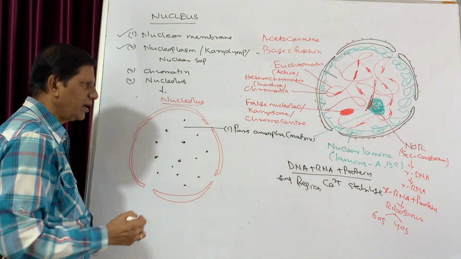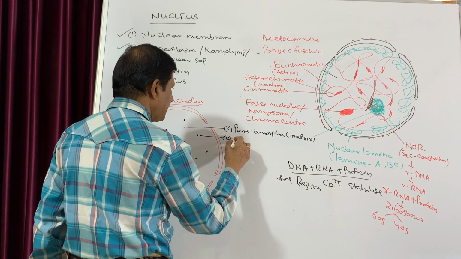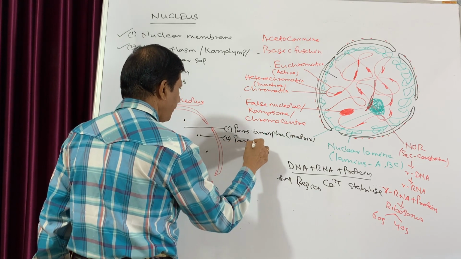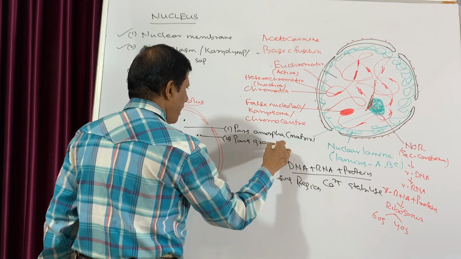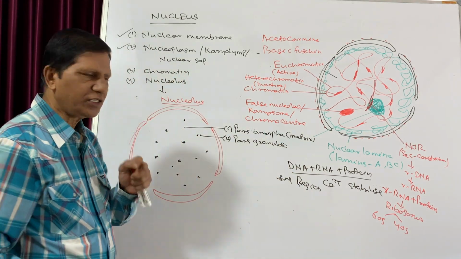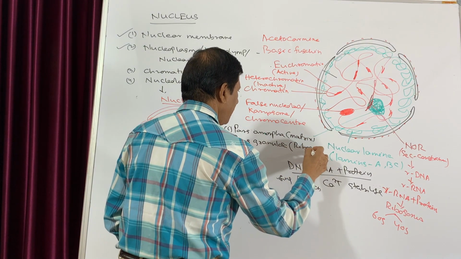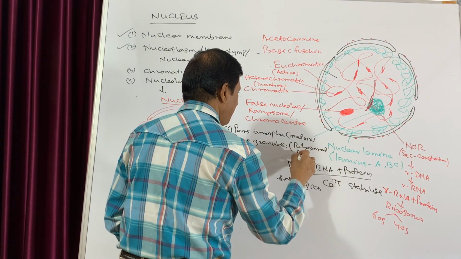These are number 2, pars granulosa, and these are the ribosomal precursors.